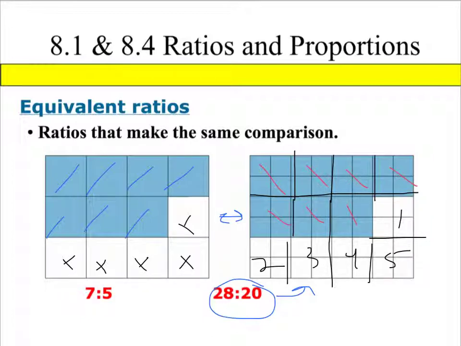All I did with an equivalent ratio is take 7 to 5 and multiply it by any number. As long as you're multiplying both numbers by the same number, it's going to be an equivalent ratio. Equivalent fractions and equivalent ratios are essentially the same thing.